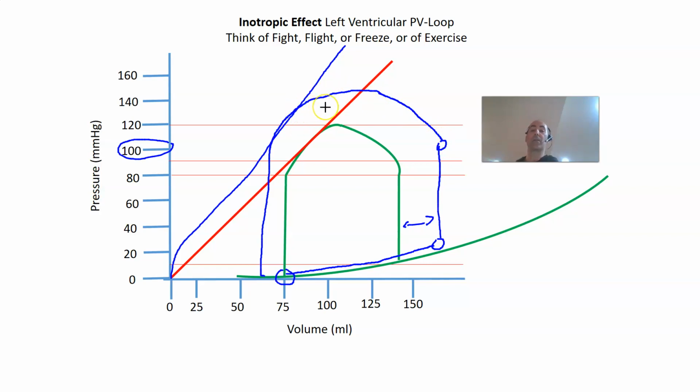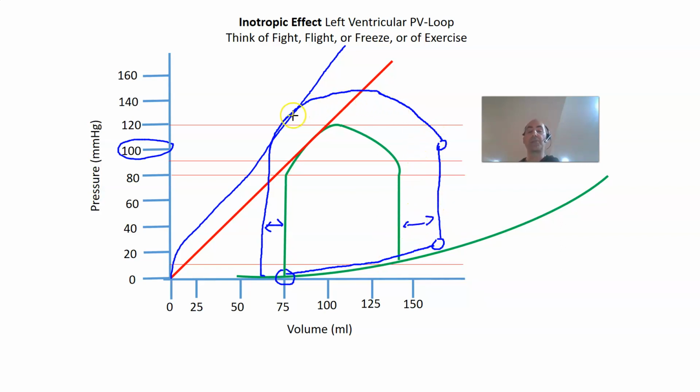Okay. The heart has gotten stronger. So what ends up happening is you will ultimately end up having less blood sitting in the heart at the beginning of the next contraction, right? So this blood you got rid of because it came in because of the Frank-Starling law of the heart.